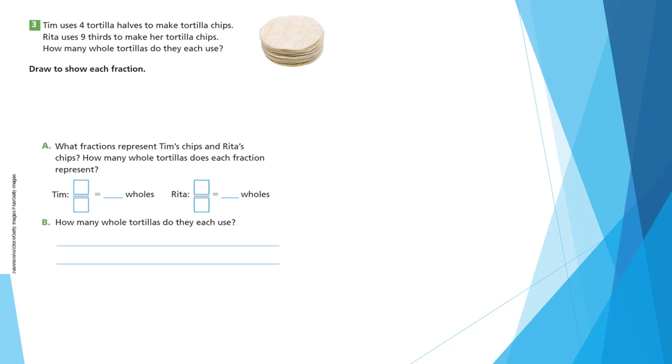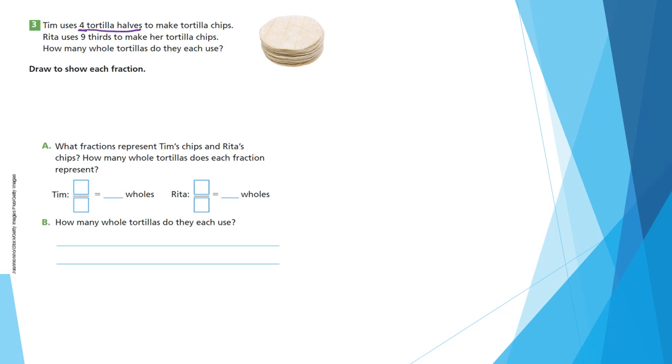Now I'm going to do the second read, and let's think about the quantities that we see in the problem. Tim uses 4 tortilla halves to make tortilla chips. Rita uses 9/3 to make her tortilla chips. How many whole tortillas do they each use? So I see a quantity of 4, but it's not 4 wholes because it says 4 tortilla halves.